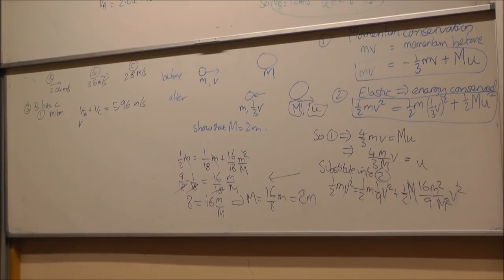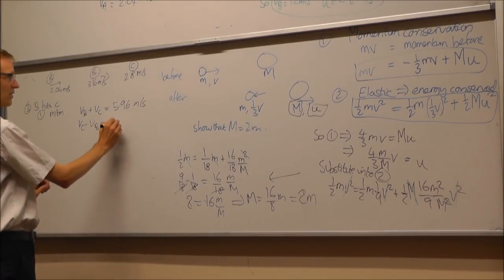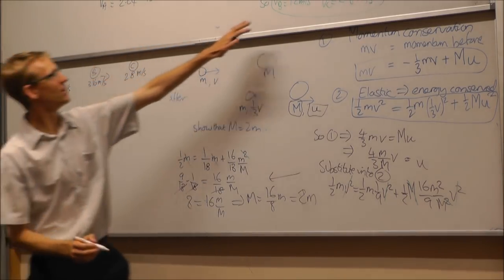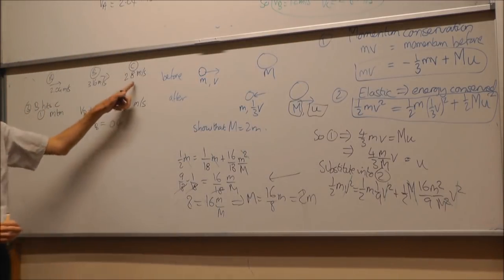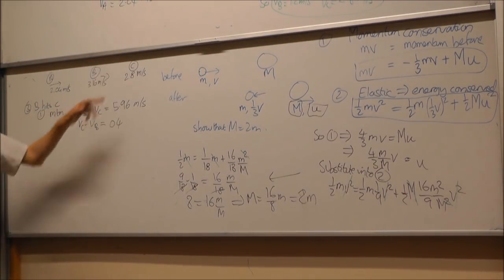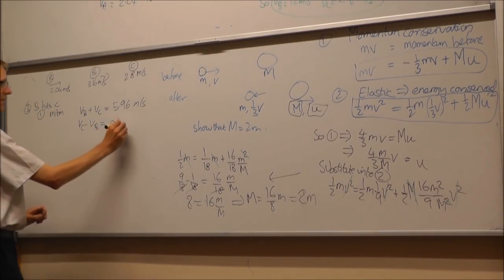It's not so obvious which one's going to move quicker after the collision. No, yeah, VC's going to move quicker, isn't it? VC minus VB is going to be equal to 0.4, the coefficient of restitution, times the difference between those, which is 0.36.